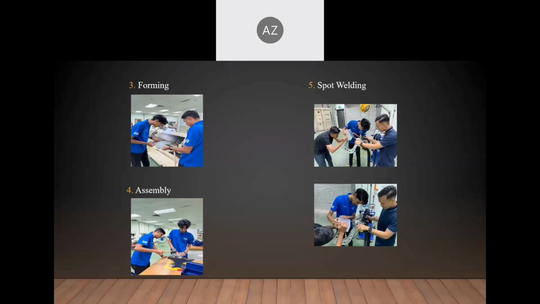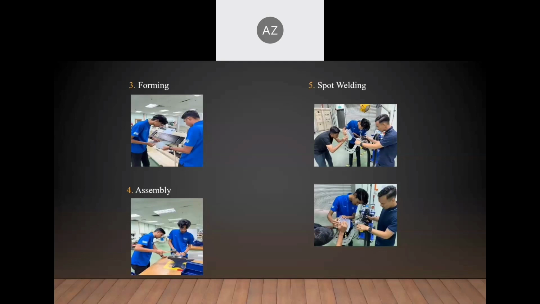Assalamualaikum, my name is Azim. I would like to explain the procedure or process for number 3. Number 3, forming, is a process in which the shape of the part becomes the finished product. Number 4, assembly. Assembly includes welding. The parts have to be clean. Powder coating follows.